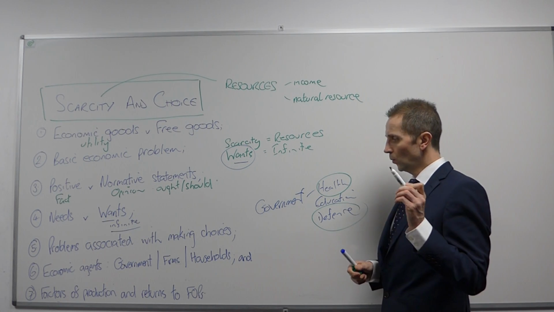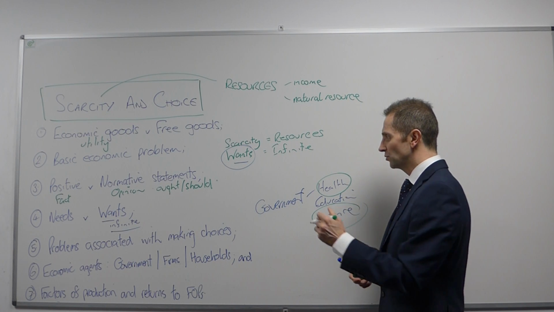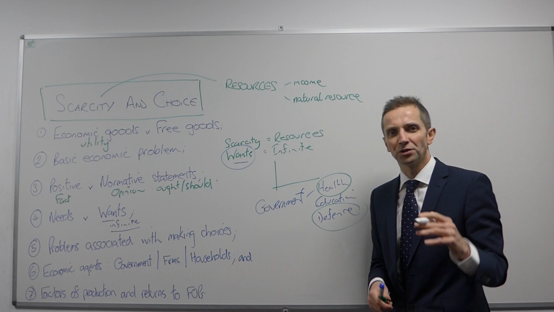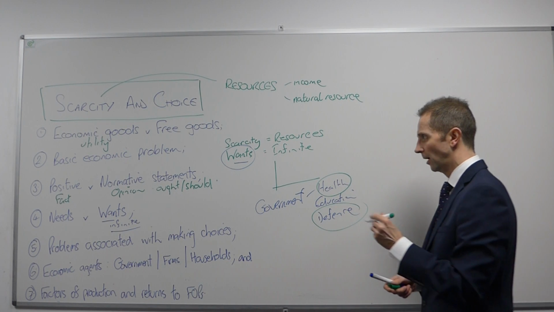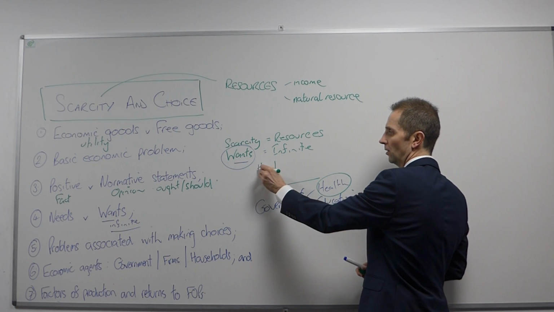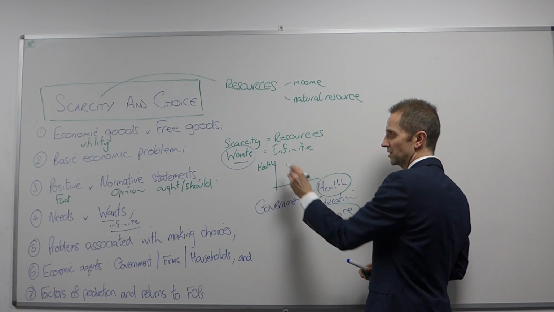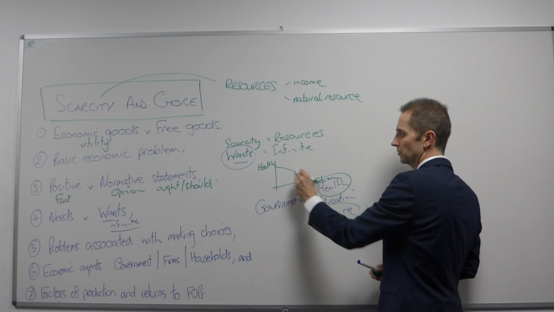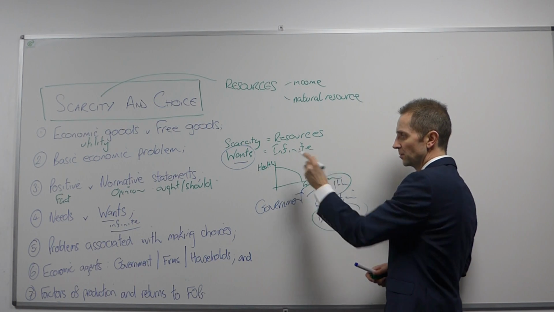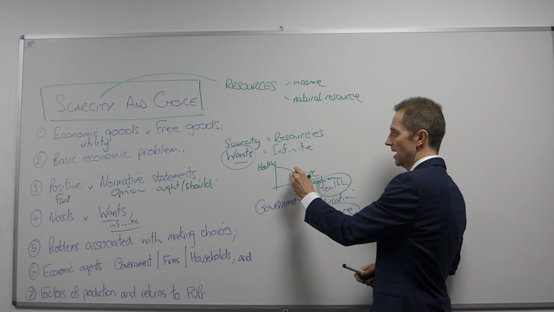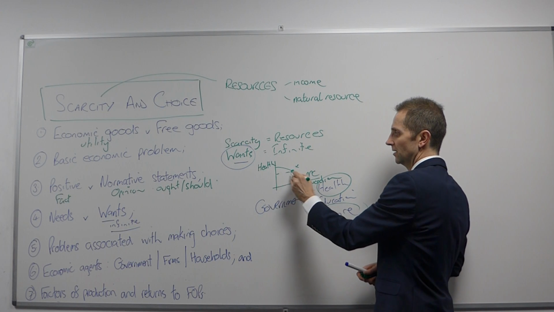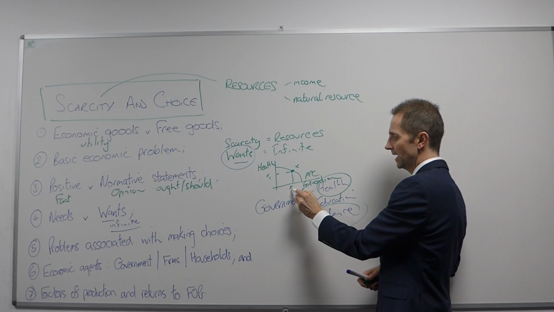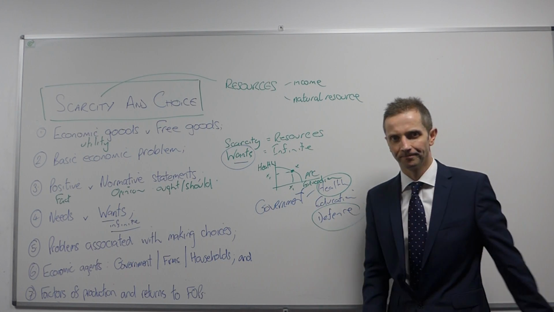And we would, of course, normally illustrate this by way of a diagram, a production possibility curve diagram. So there are lots of possible alternatives to this, but let's just keep it to health and education, for example. So you'll be familiar with the PPC or the PPF like so. And if we're at point X, that means we've got X1 of healthcare and X1 of education.